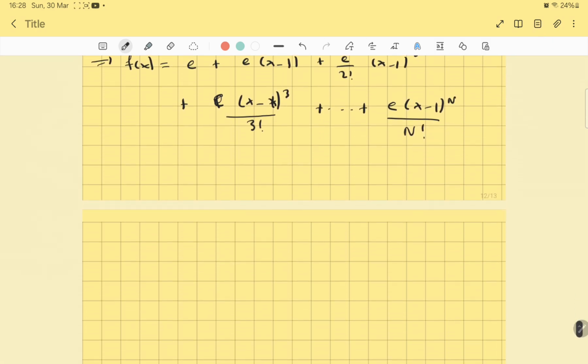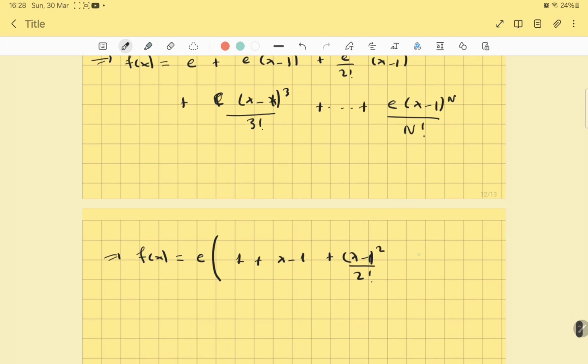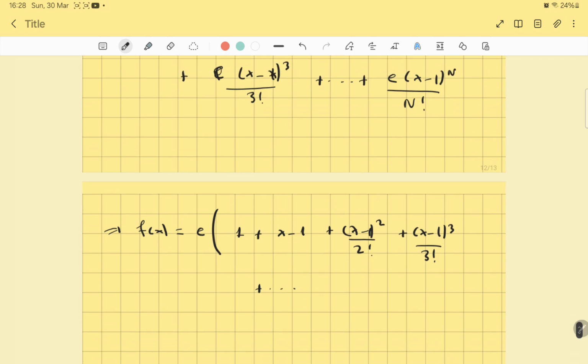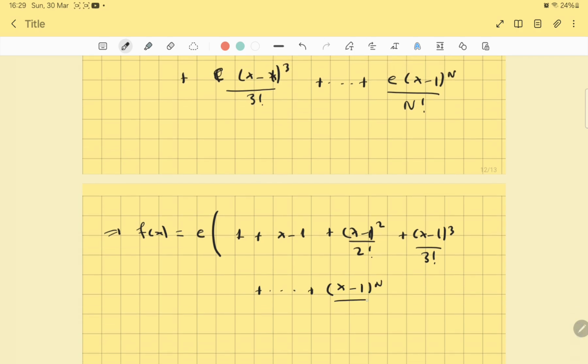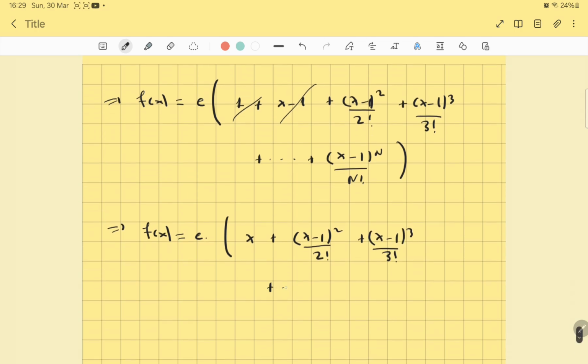Now I can take a common factor e, so I have f of x equals e times 1 plus x minus 1 plus x minus 1 squared over 2 factorial plus x minus 1 cubed over 3 factorial plus x minus 1 to the power of n over n factorial, and that can be written as e times x plus x minus 1 squared over 2 factorial plus x minus 1 to the power of 3 over 3 factorial plus x minus 1 to the power of n over n factorial.